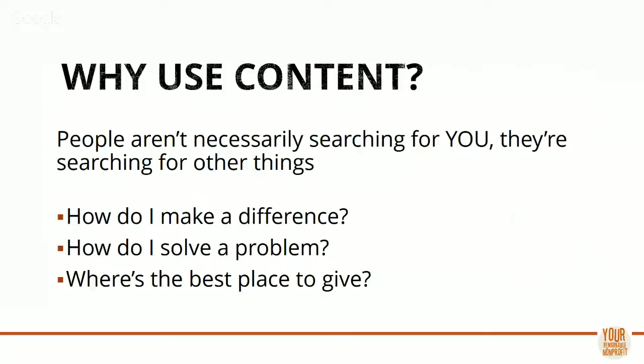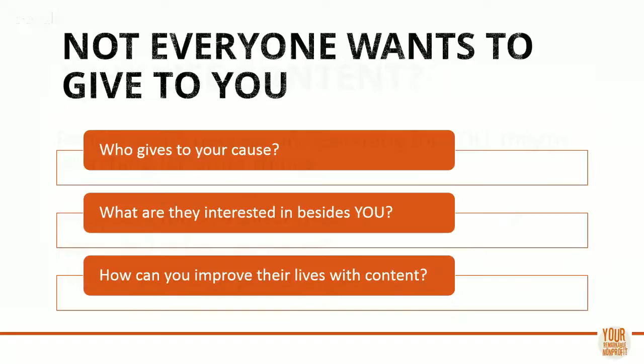So the goal with content is to attract people with very large, broader topics that have to do with your cause, but that don't have to do with you and that people might be searching for. Now, you also have to understand that you're not going after everybody under the sun, and not everybody wants to give to you.